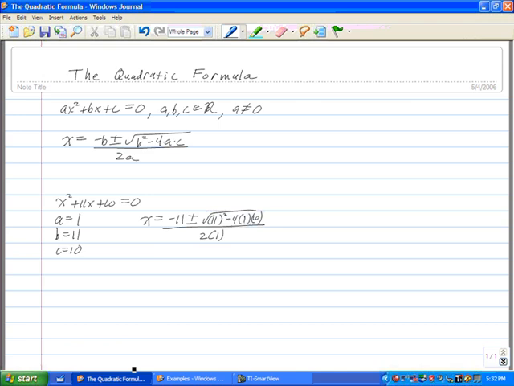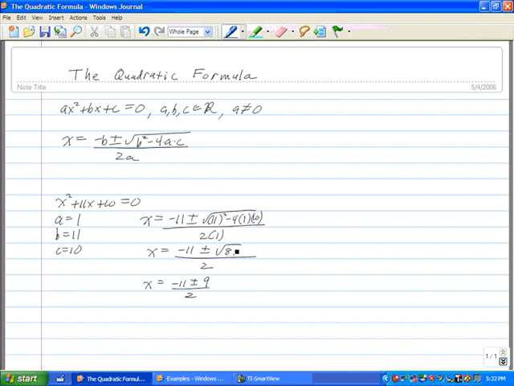So we'll go back to the formula. So x will equal to a negative 11 plus and minus the square root of 81 over 2 times 1, which is 2. Now notice that the 81 is a perfect square, which means I can go ahead and take this square root. Square root of 81 is 9.